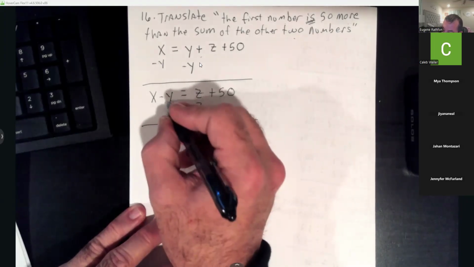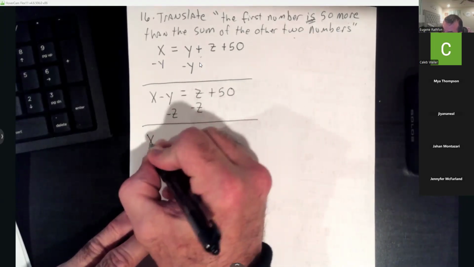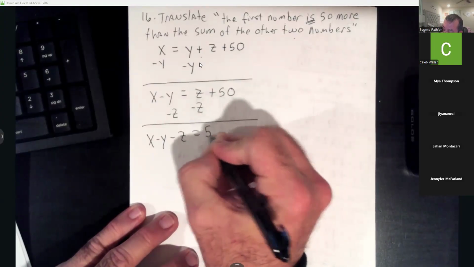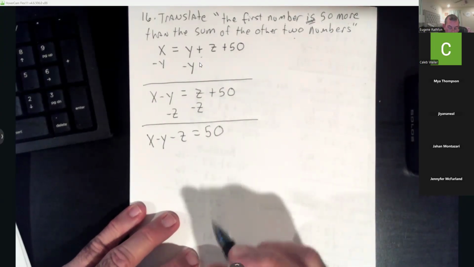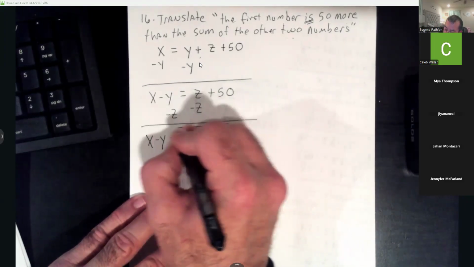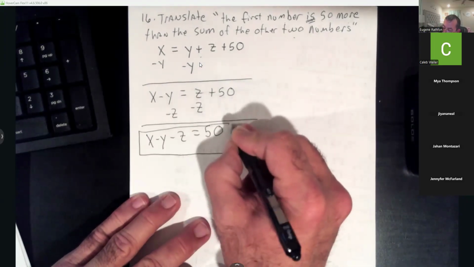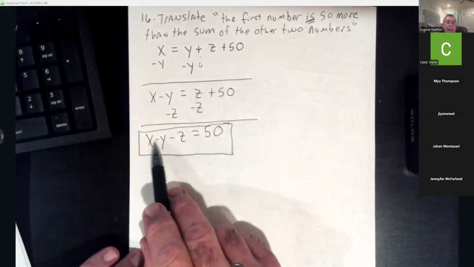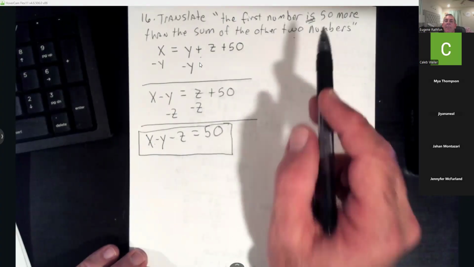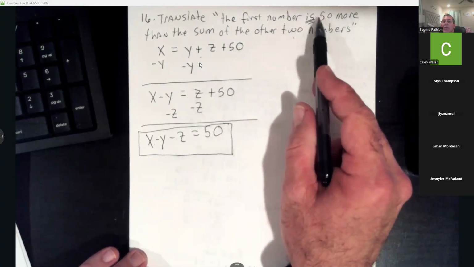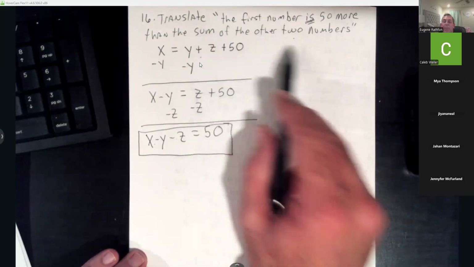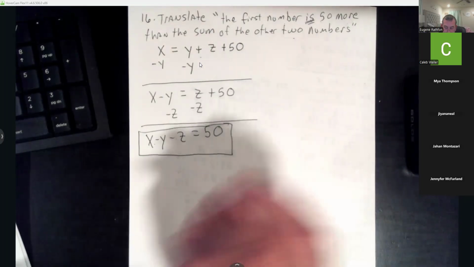So you get x minus y minus z equal to your 50. So this one will have like three choices. You want the one where you got the x minus y minus z equal to whatever your number is, okay? Mine was 50 more. Y'all's will be something different there, but it's still going to be the same setup as mine, okay?